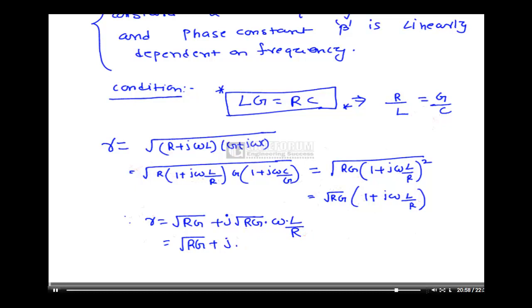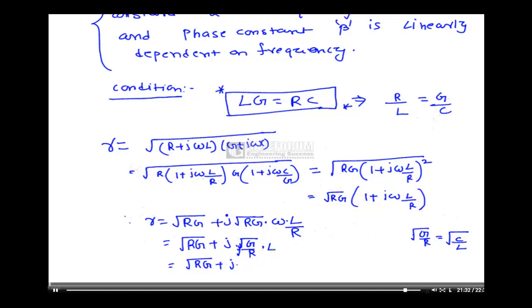The remaining thing is the square root of G by R into L. Now what is the square root of G by R? From the basic relation, R by L is equal to G by C, so the square root of G by R can be written as the square root of C by L. So this is equal to the square root of RG plus j into the square root of C by L.